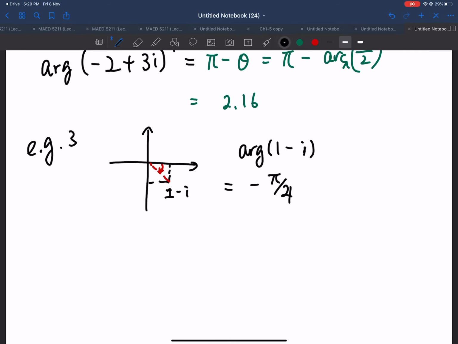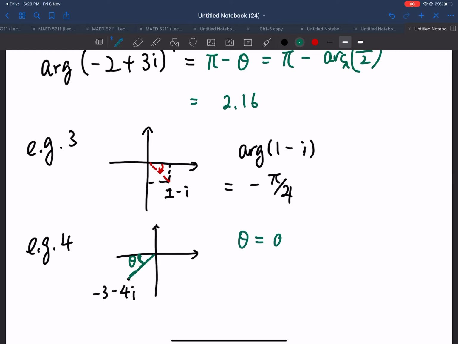Last example. You need to do more practice in finding the argument. Just consider to find the positive angle, the angle here, okay? The positive angle. Then the theta here should be arctangent.